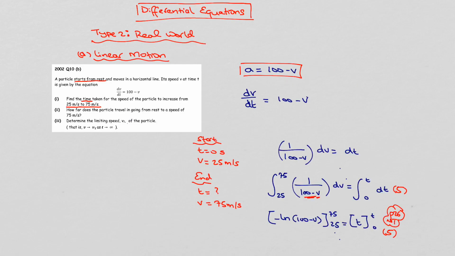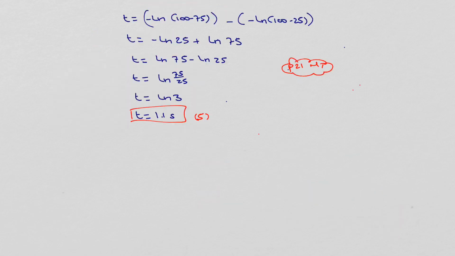So the second part of the question says, how far does the particle travel going from rest to a speed of 75 meters per second? So again, in part 2, we're looking for how far, so we're looking for distance.